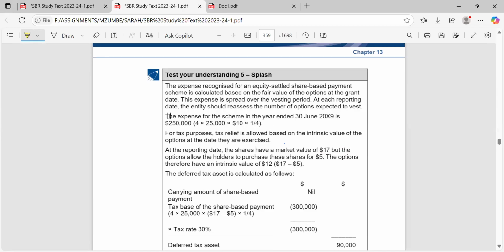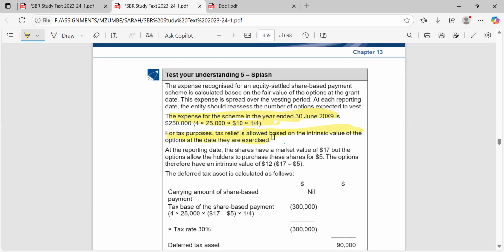The expense for the scheme in the year ended 30 June 2009 should be 4 times 25 times $10 grant date times 1/4. You have seen that. But now you go on acting on this standard, no longer on IFRS 2. For tax purposes now, tax relief is allowed based on the intrinsic value of the options at the date they are exercised.